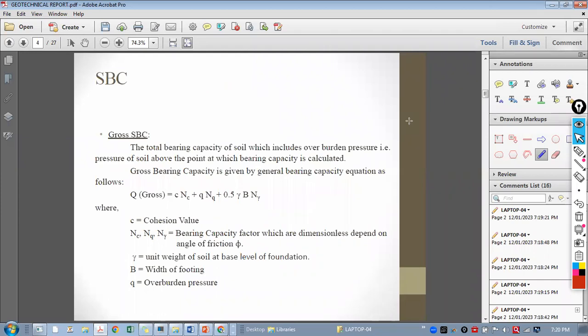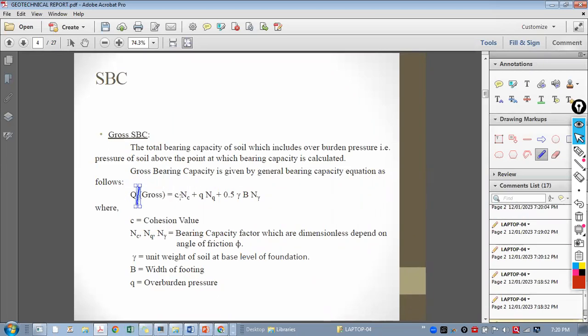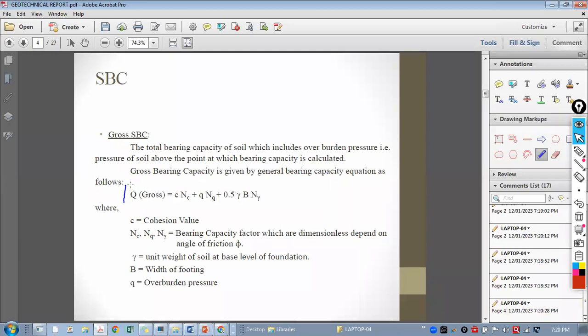Okay. Now, how is SBC generally calculated? See, as a structural engineer, we don't have the authority to calculate the SBC. In general, I say we don't calculate this. This is the role of the geotechnical consultant. But the standard formula is soil bearing capacity equals cNc plus qNq plus 0.5 gamma B N gamma.